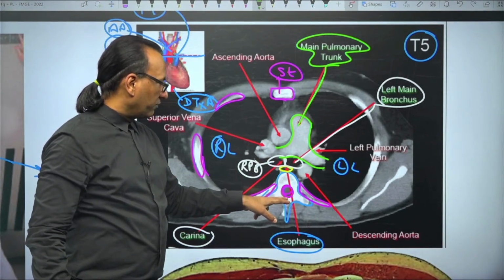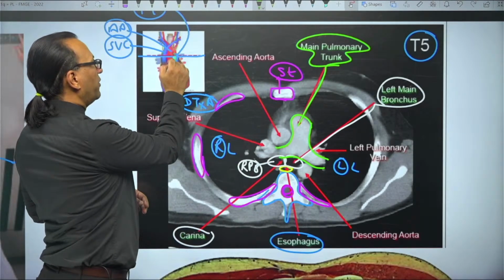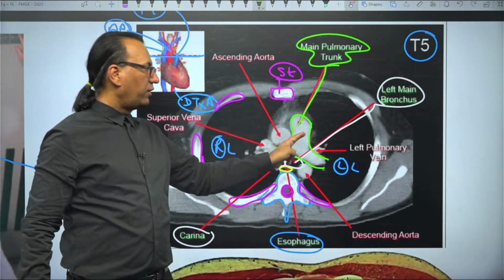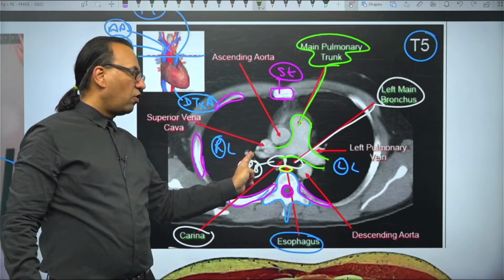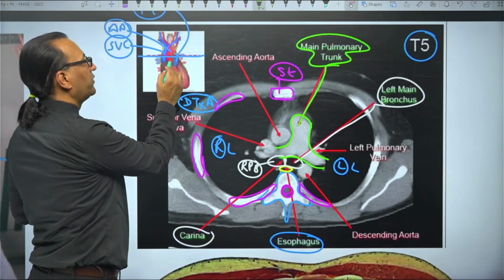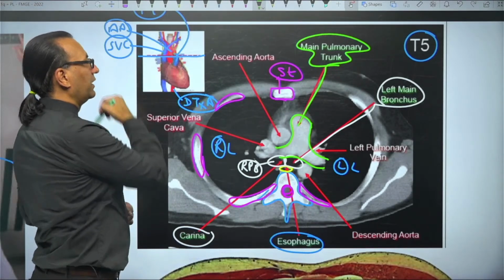The other thing which you find here is, if that is the pulmonary artery, what will be on the right side of that, and still on the right side of that? If that is the pulmonary artery, on the right side of that will be ascending aorta, and still on the right side will be superior vena cava.